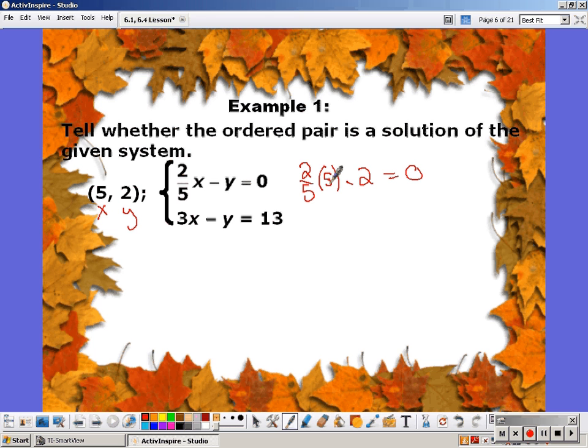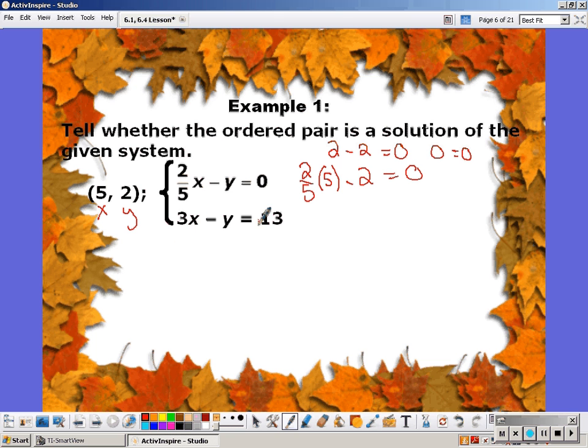Well, 2 times 5 is 10, divided by 5, that's 2, minus 2 equals 0. Is that true? 2 minus 2 is 0, and sure enough that equals 0. Okay, so for the top one, (5, 2) works.